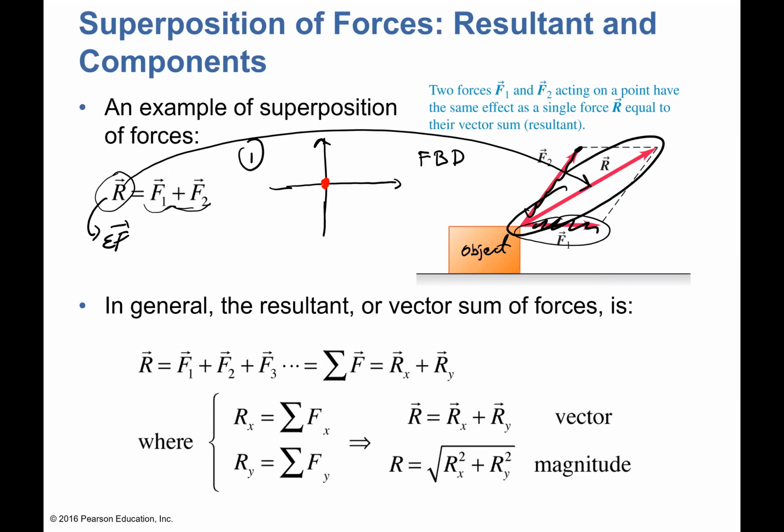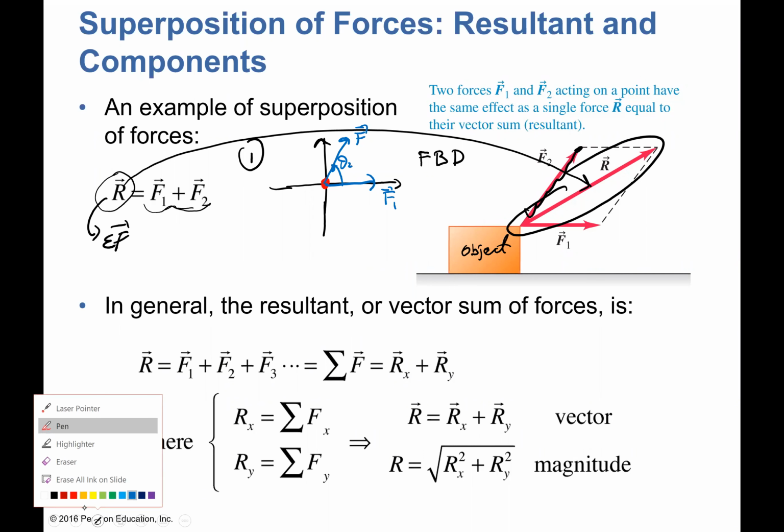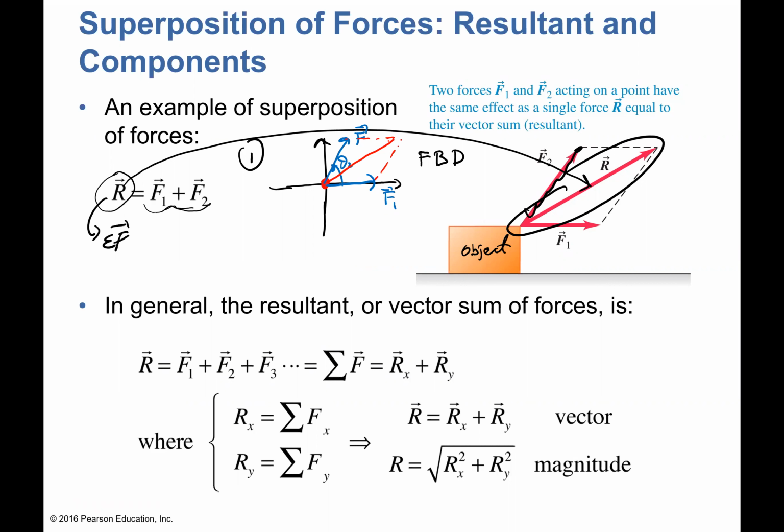Remember, we can still consider that as a particle, put it at the center. And you draw those two vectors acting on it. Here's F1, right there. And then here's F2, which has a theta 2 angle, right? Then you use a diagram to estimate your answer, which is basically to do a parallelogram, and you can see this is my resultant. That's basically what I have over there, right?